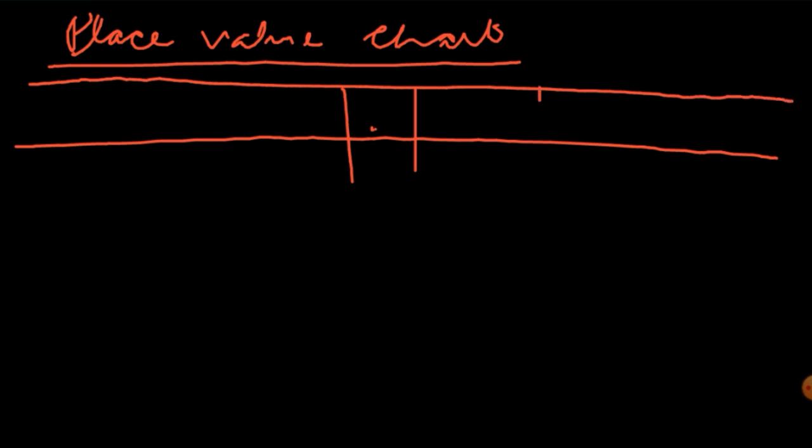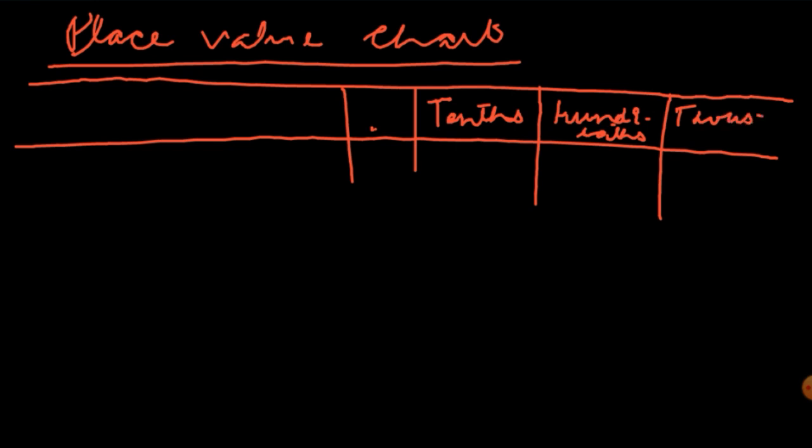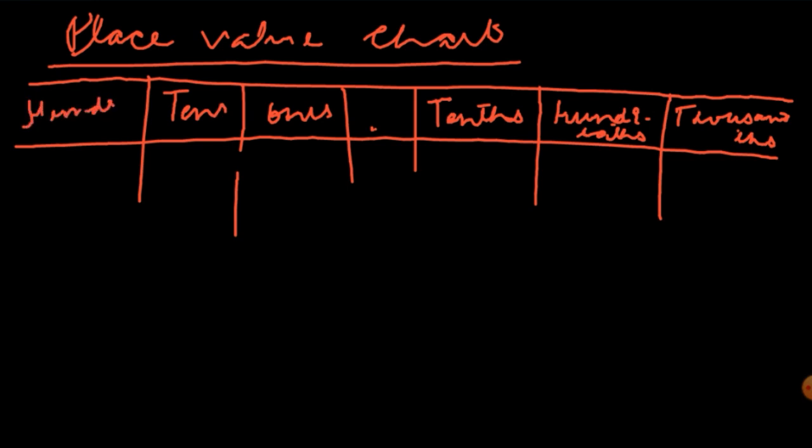The first one, closest to the decimal, will be tenths, then hundredths, then thousandths. Okay, and on the left hand side, it will be ones, tens and hundreds.